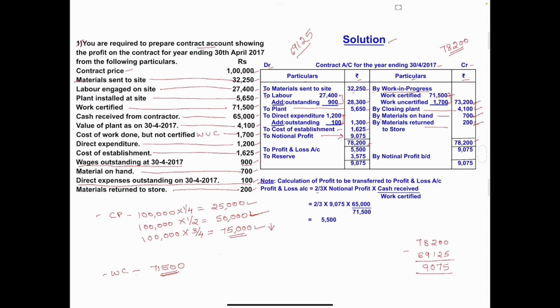Understood why I have taken this two-thirds? Because the work certified amount is more than half, but it is less than three-fourths of contract price. In such cases, two-thirds of notional profit is transferred to profit and loss account. So the same two-thirds we will write here, and the notional profit we have just got.